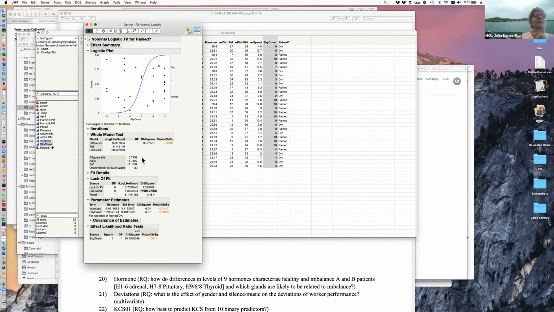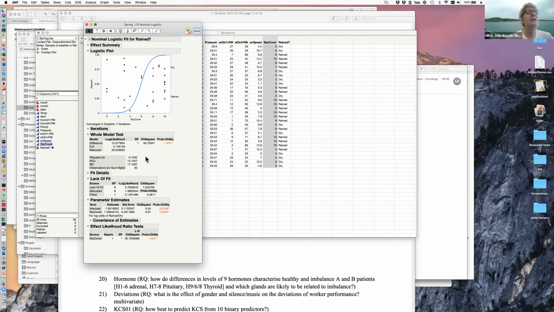It's now about 75%, because as we saw, with that one exception of sky cover of 4, in most of the other situations, it either rained or it didn't. And generally low sky cover, it didn't rain. High sky cover, it did. And it was only one level of sky cover where it actually sometimes rained and sometimes didn't.